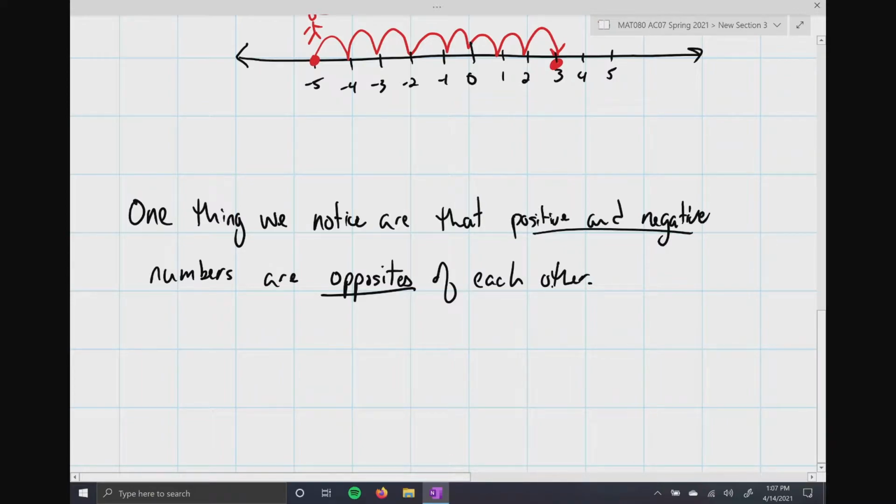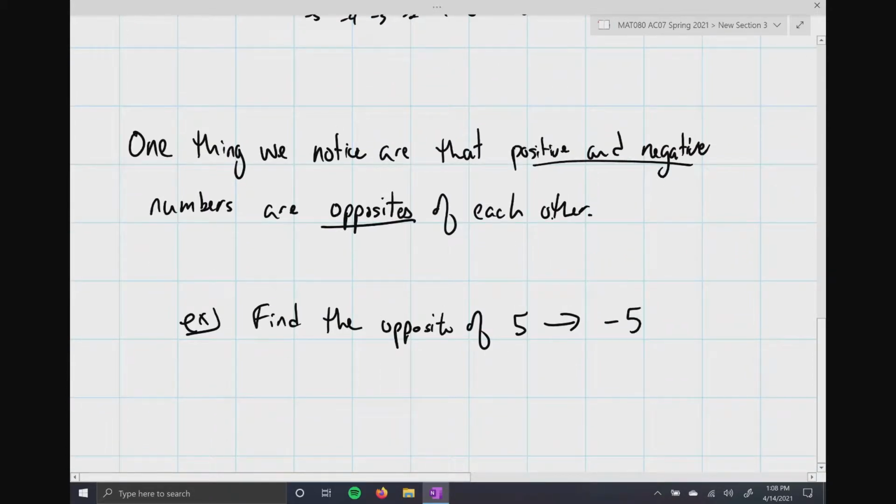So if I gave you an example, find the opposite of 5, then you would say, well, since 5 is positive, the opposite of 5 would be -5.